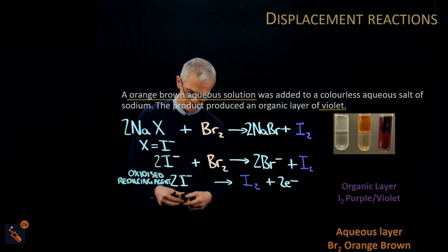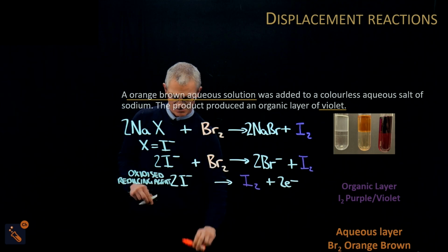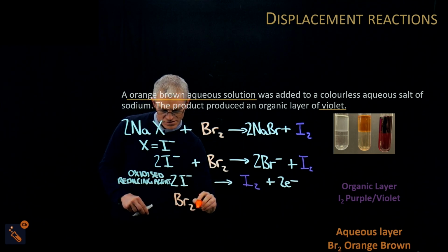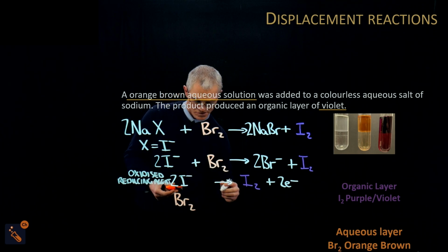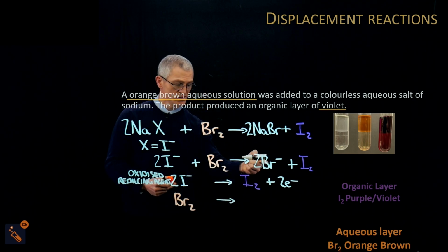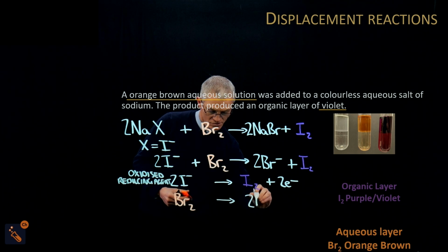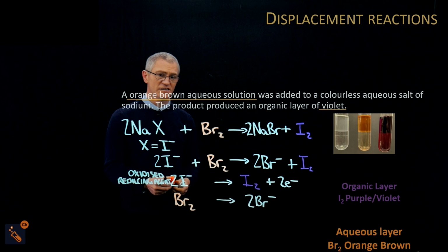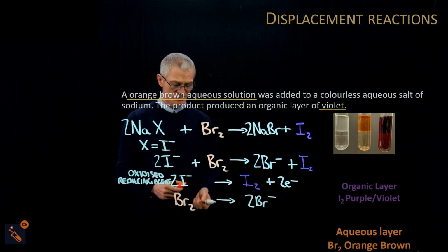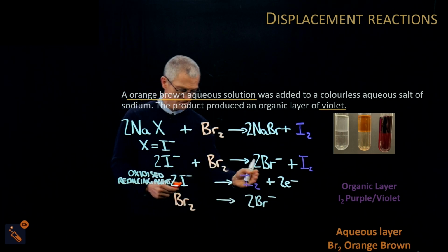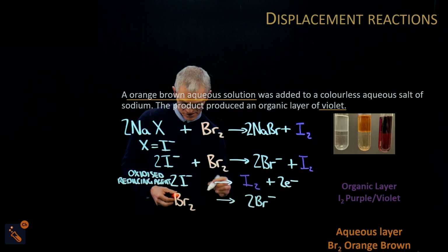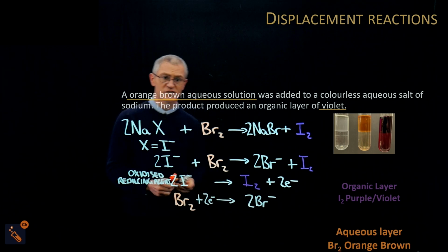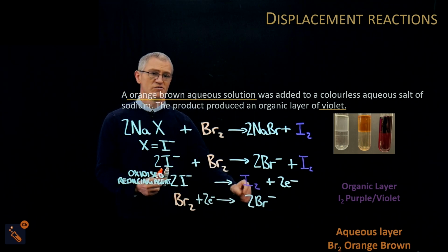We can then go for the other one, and we've got bromine happening this time. The bromine is going to go to, if we look in our equation, 2Br minus. And then we can say, what's happening with the electrons? Well, I can see neutral this side, 2 negatives this side. So I must be adding 2e minus because I've got to have those 2 extra electrons on this side.